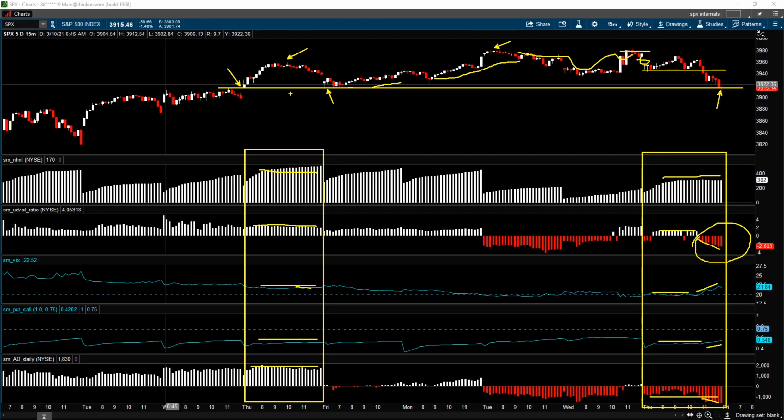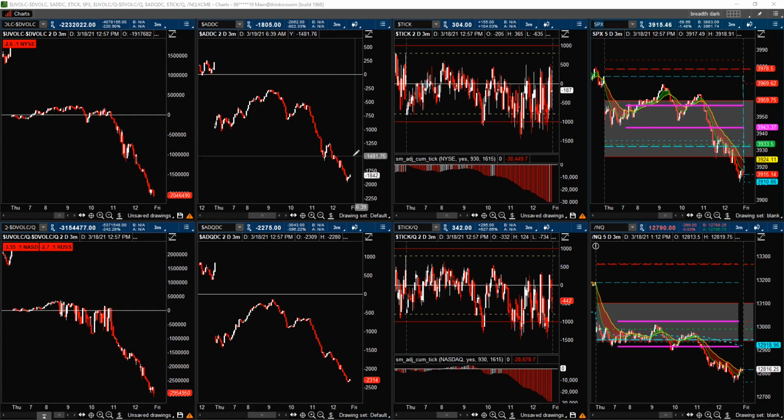All right, so let's take a look at the intraday chart here on the individual sentiment and the internals. We were looking at this chart yesterday, and you notice yesterday it was kind of negative, this up-down volume on the New York Stock Exchange throughout the morning, and then after the Fed announcement, it turned positive.